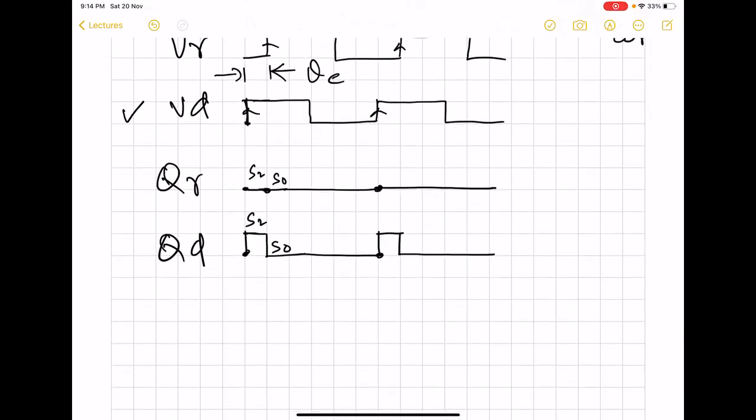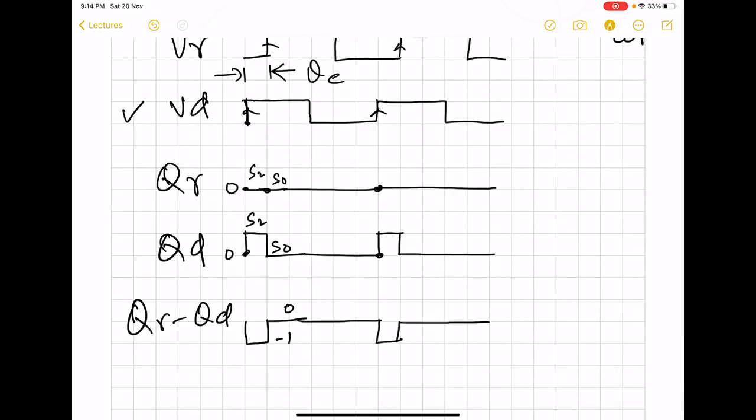Now if we see QR minus QD, this is 0 value. So we are now going to get a negative pulse. So this is 0 and this is minus 1, like this.